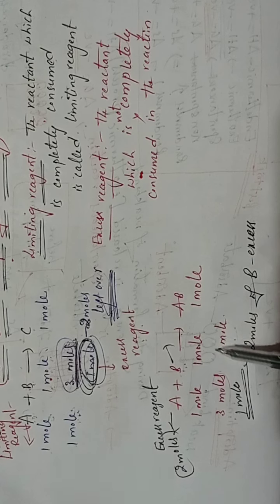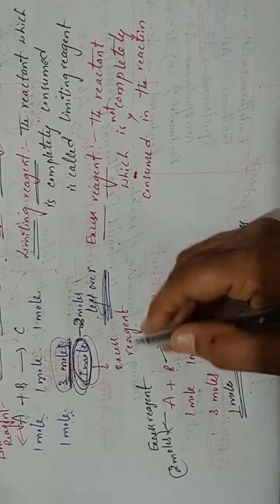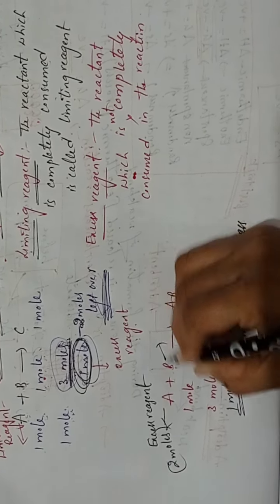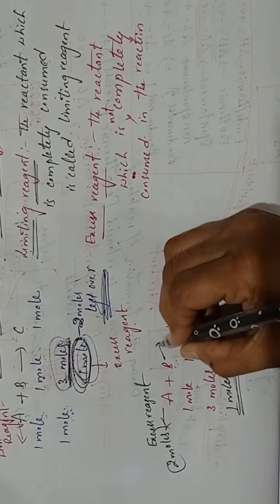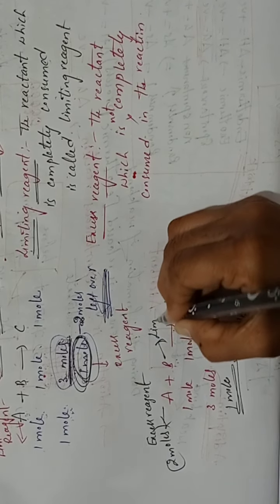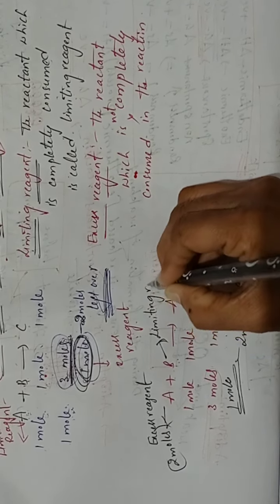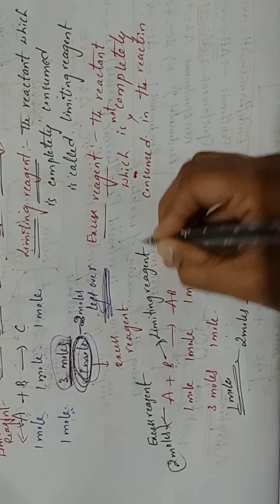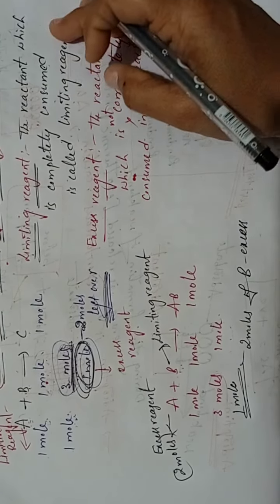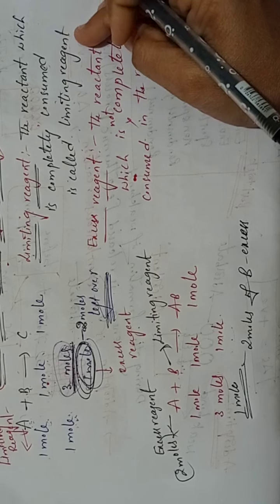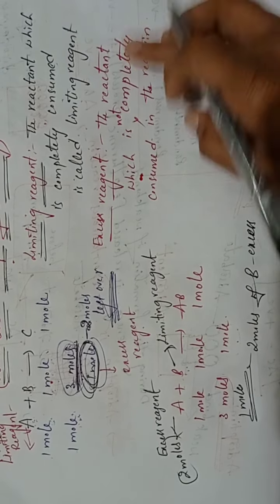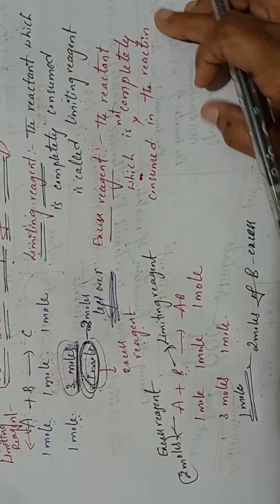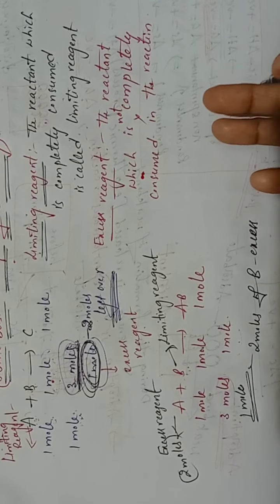Are you following? So 1 mole is completely consumed in the reaction. So that's why reactant B is called the limiting reagent. Understood? So what is the definition, students? The reactant which is completely consumed is called the limiting reagent. The reactant which is not completely consumed in the reaction is called the excess reagent, students.